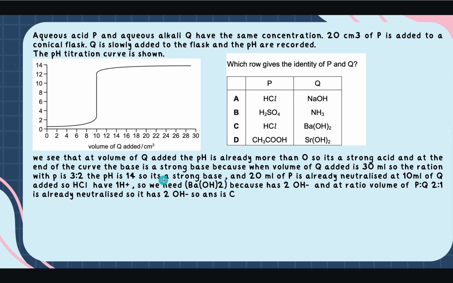So we need something that can neutralize it doubly, which is Ba(OH)2 because it has 2 OH minus, and at a volume ratio of P to Q of 2 to 1 it is already neutralized. So the answer is C, which is HCl for P and Ba(OH)2 for Q.